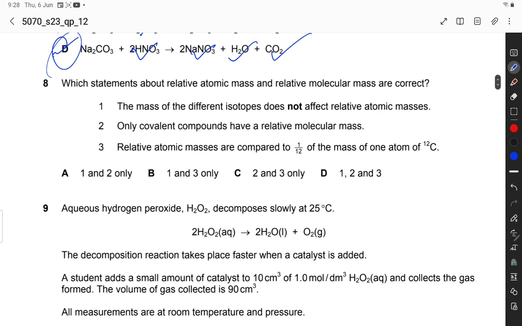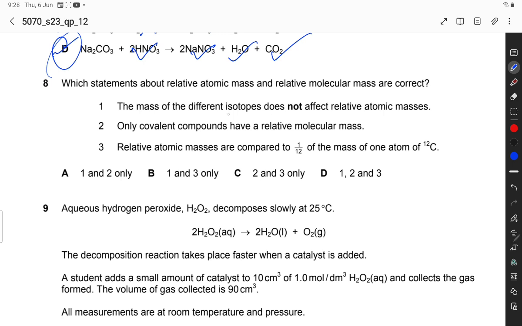Which statements about relative atomic mass and relative molecular mass are correct? The mass of different isotopes does not affect the relative atomic mass.